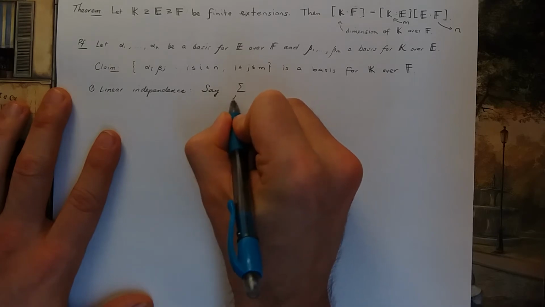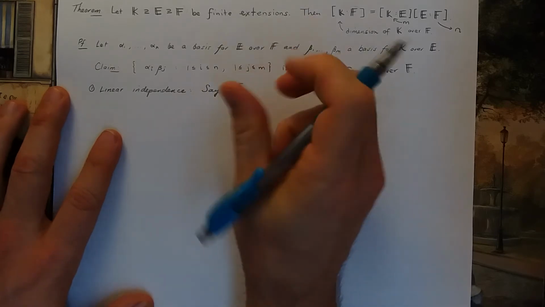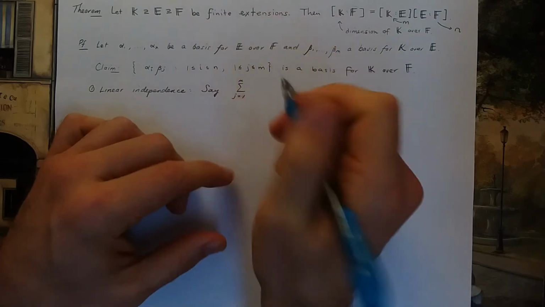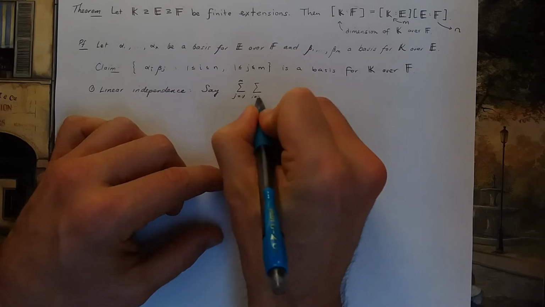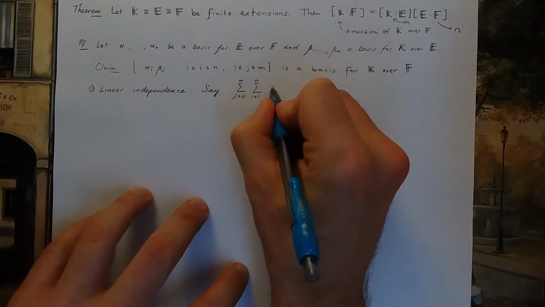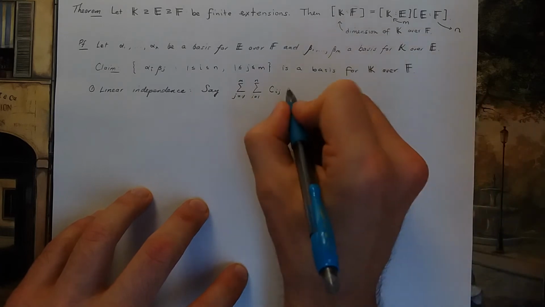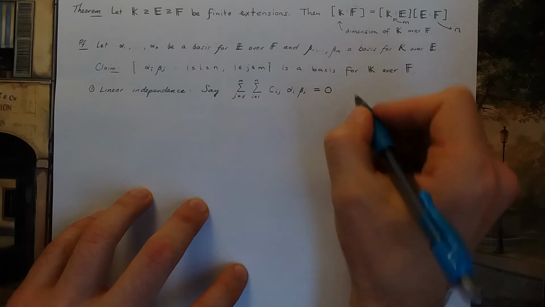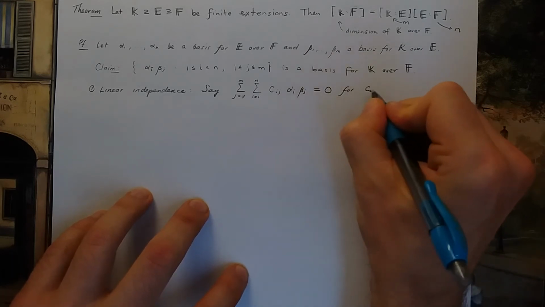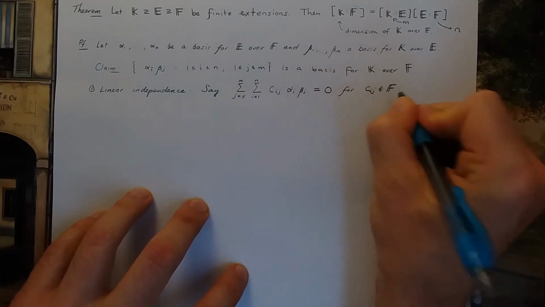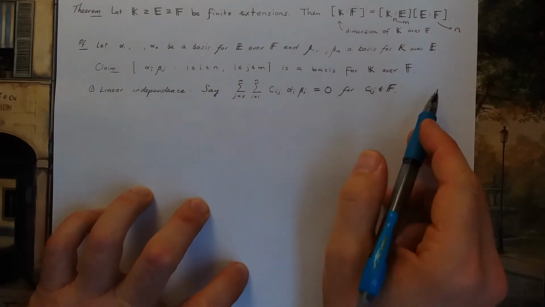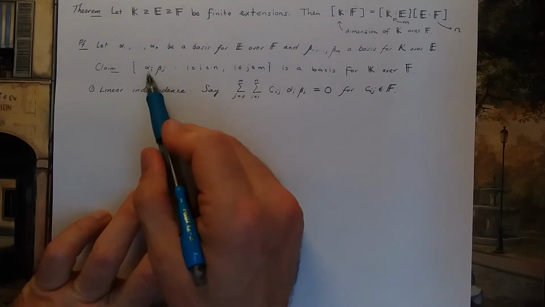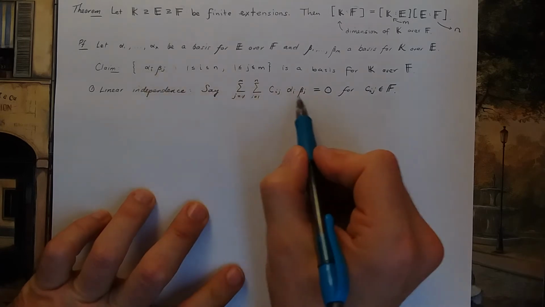So let's say j going from 1 to m, i going from 1 to n, Cij alpha i beta j equals 0, for each Cij in F. So what I've just done is I took a linear combination of the terms in my potential basis and set it equal to 0.